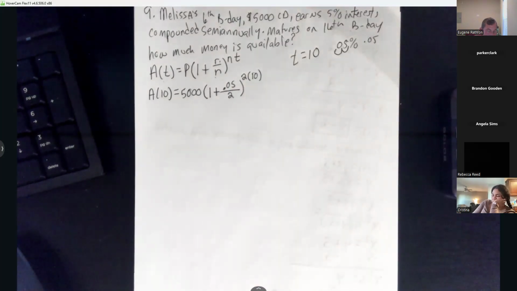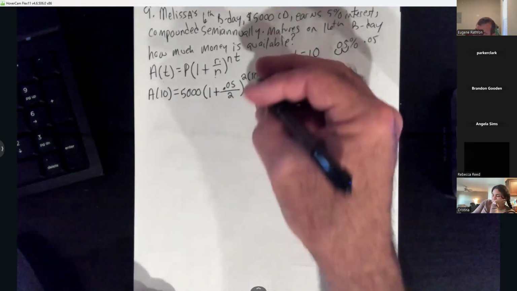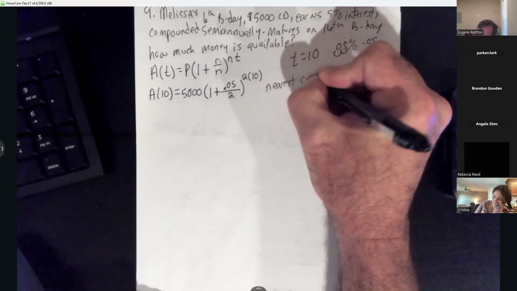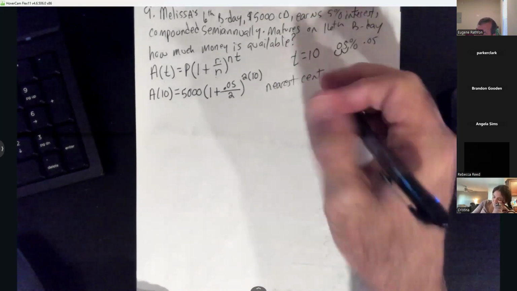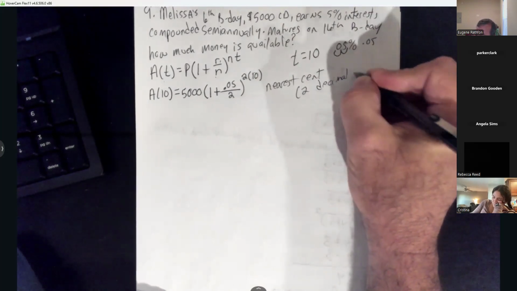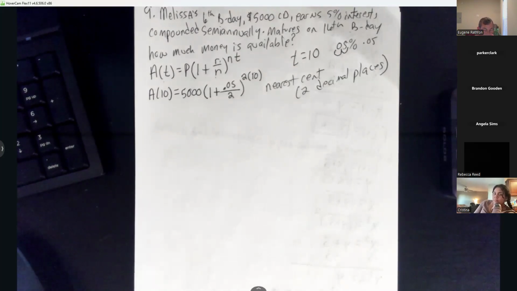All right, so we would punch this in, and they want us to round it to the nearest cent. So when they say nearest cents, that is 2 decimal places. All right, y'all, so let me see.